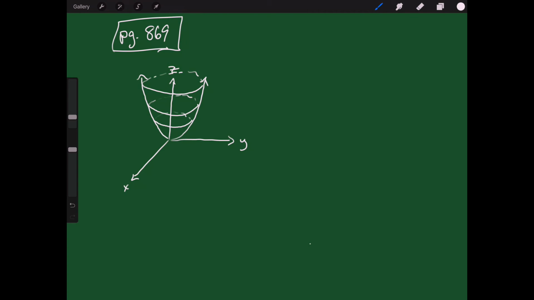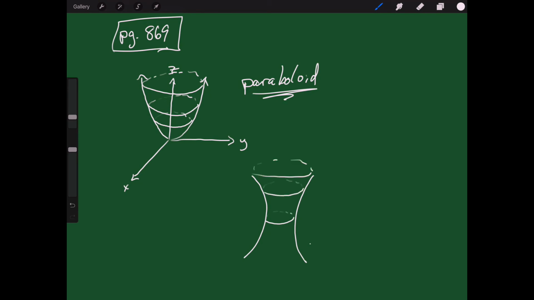Okay, so that is what we call a paraboloid. And I'm not going to go through every single one of these shapes. We could talk about a hyperboloid, which is really just a hyperbola that is spun. If you spin the hyperbola, then you're going to get this shape that kind of looks like a vortex, and this is what we call a hyperboloid.